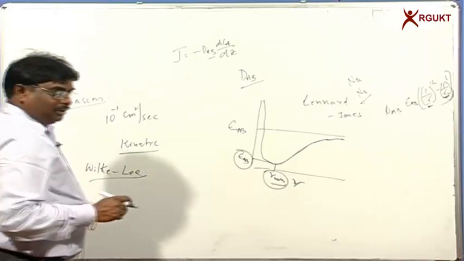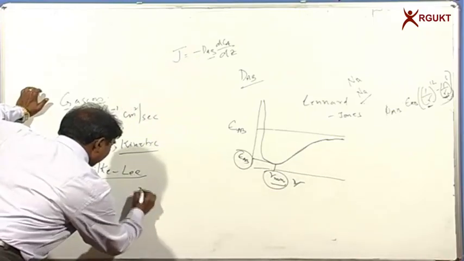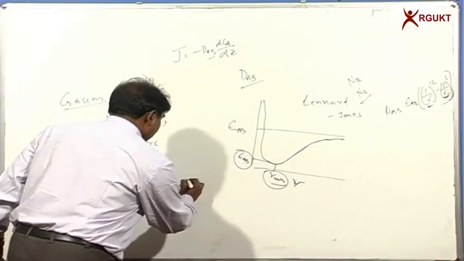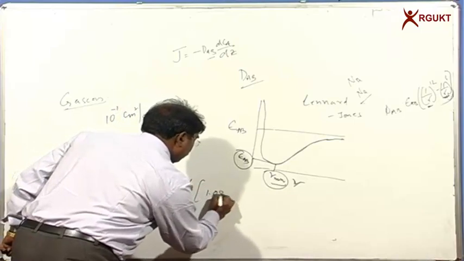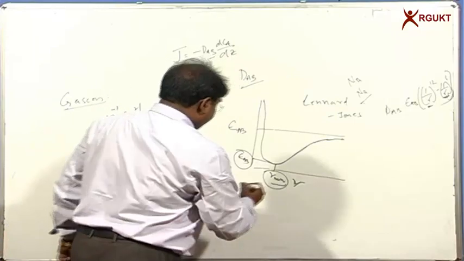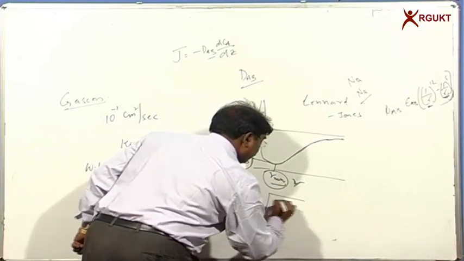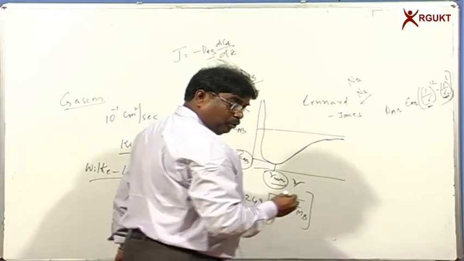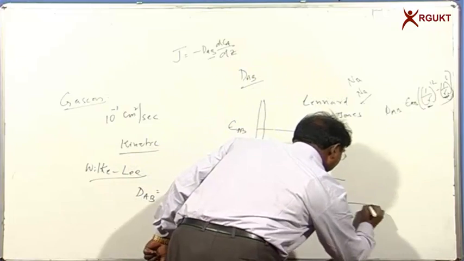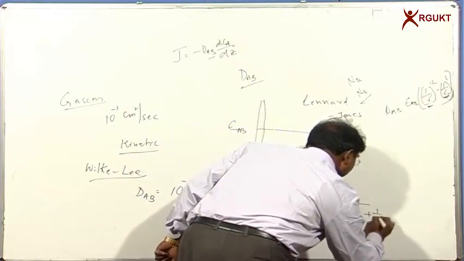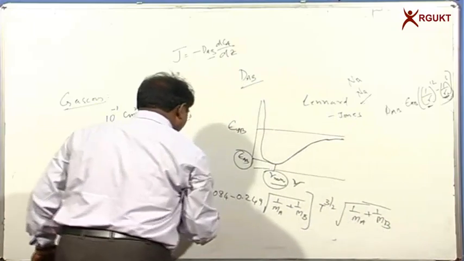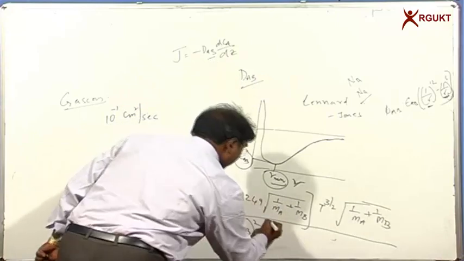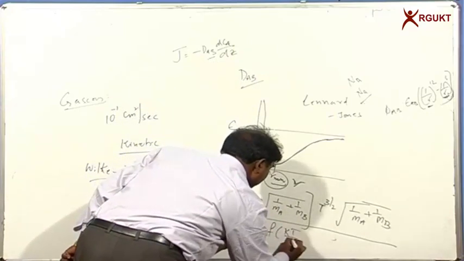According to the Wilke-Lee equation, the diffusivity of component A in B is equal to 10 power minus 4 into (1.084 minus 0.249 square root of 1 by MA plus 1 by MB) times T to the power of 3 by 2 multiplied by square root of 1 by MA plus 1 by MB, whole divided by P T RAB square into f of KT by epsilon AB.